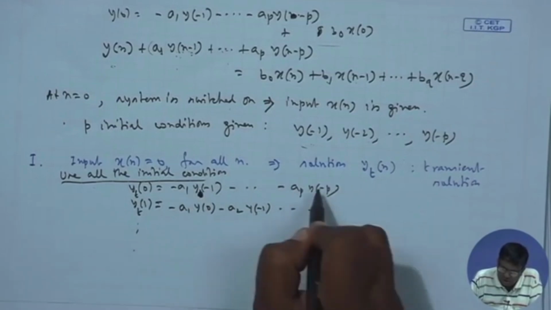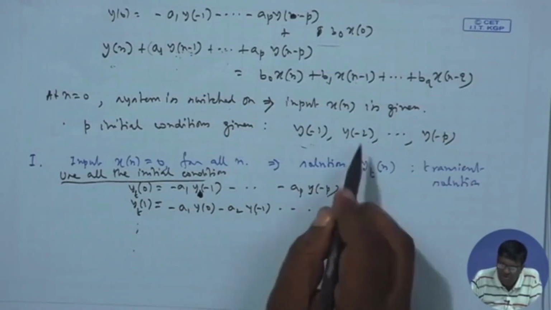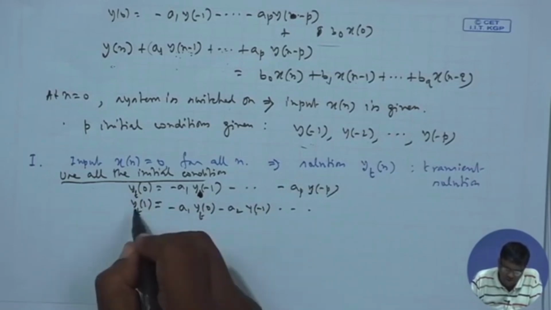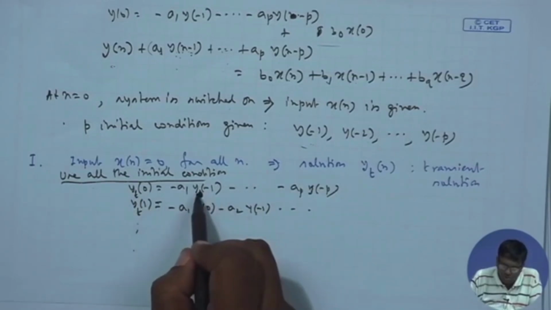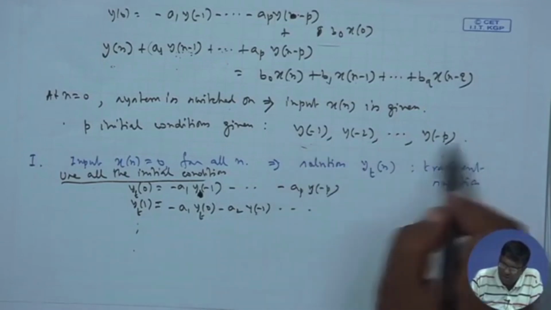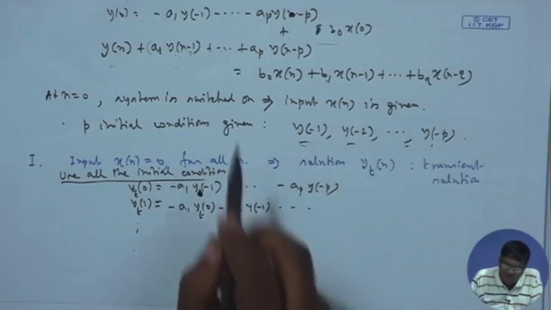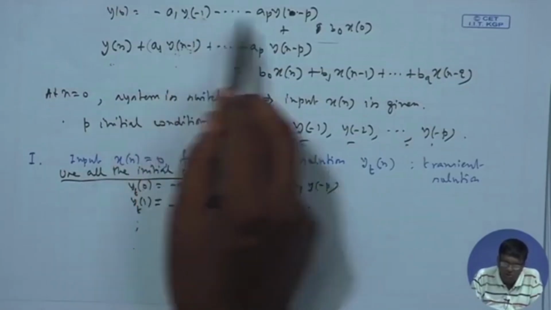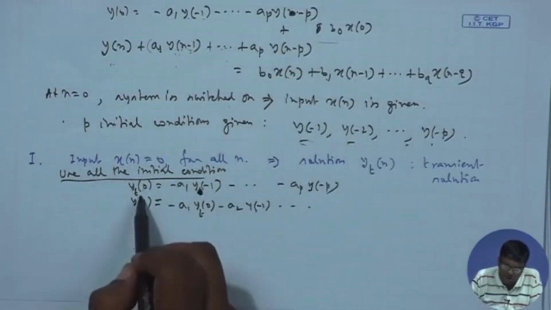Okay, these are initial conditions. There is no need to put a t here, but they are given to you in that form. So y t 0, y t 1, y t 2, and y minus 1 to y minus p are these initial conditions. When I am using y t 0, I need y minus 1 to y minus p, and those values I put back to get y t 0.